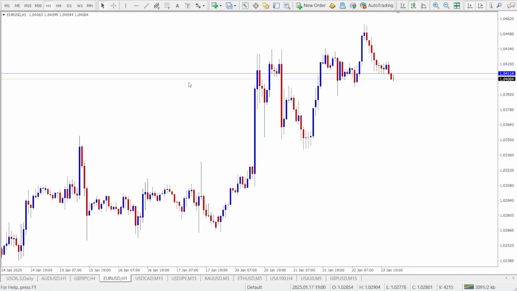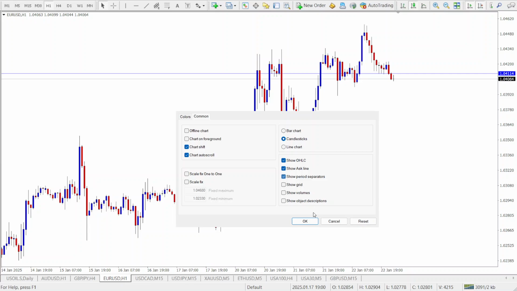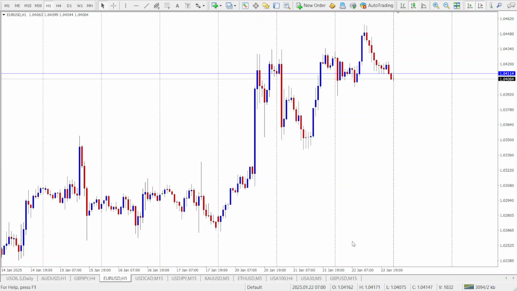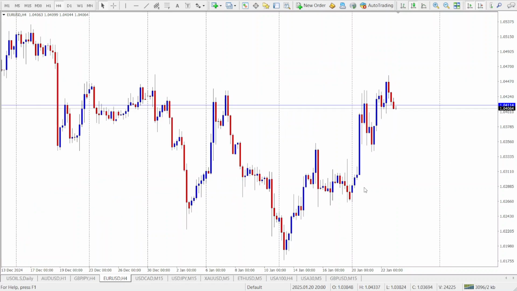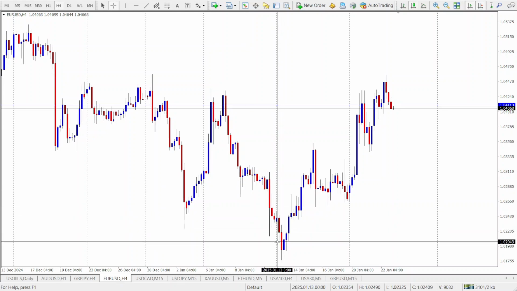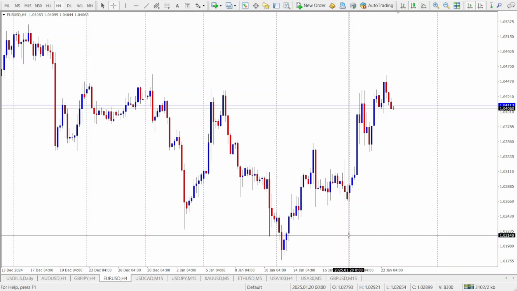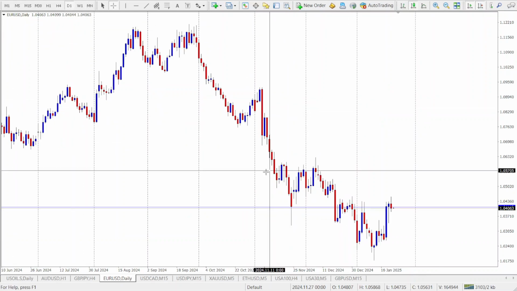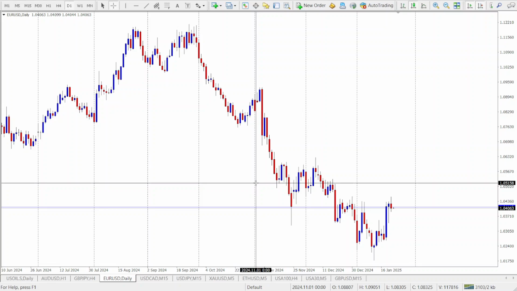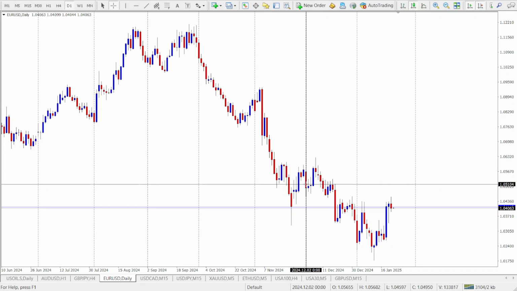Now, I'm just going to be setting the period separators so that we can pay attention to the monthly differences. This is 13th January. This is 20th January. Let's look for monthly differences. This is 1st November, 2nd December.